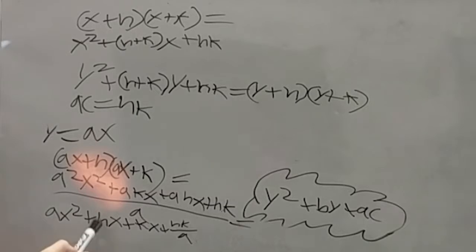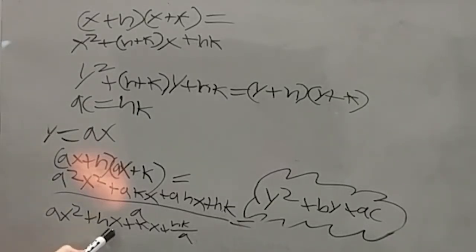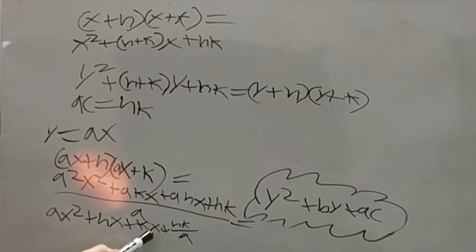At this point, we've split up that first degree coefficient into two separate terms, and we have this interesting term here, which is hk over a, which, if you recall that ac equals hk, I did that backwards. If we divide both sides by a, that gives us c, which makes sense, right?